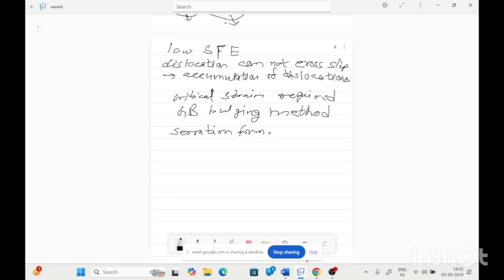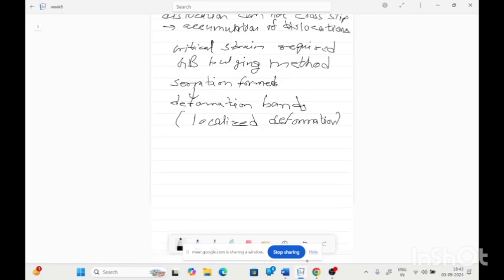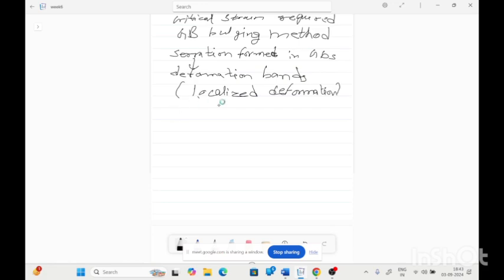Serrations can be related to deformation bands, meaning localized deformation, formed in grain boundaries. Serrations formed in grain boundaries lead to the bulging of the grain boundary.